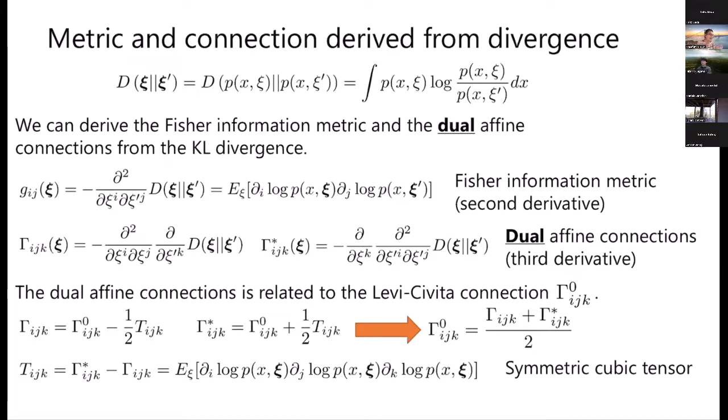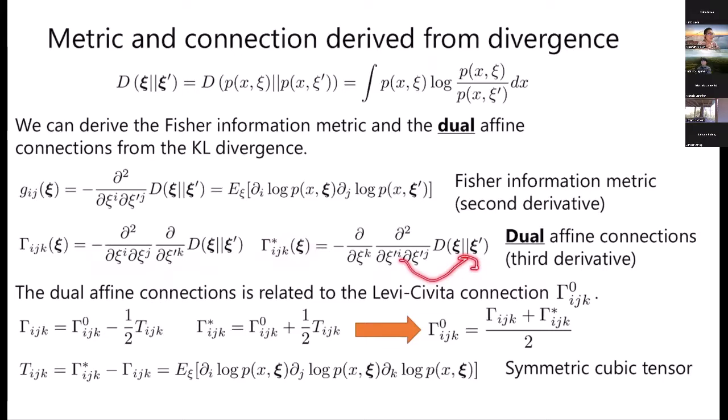In this case, we can derive two affine connections, called dual affine connections, because of the asymmetry of the KL divergence. In one, the derivative is applied to the left one, and in the dual connection, the derivative is applied to the right one.